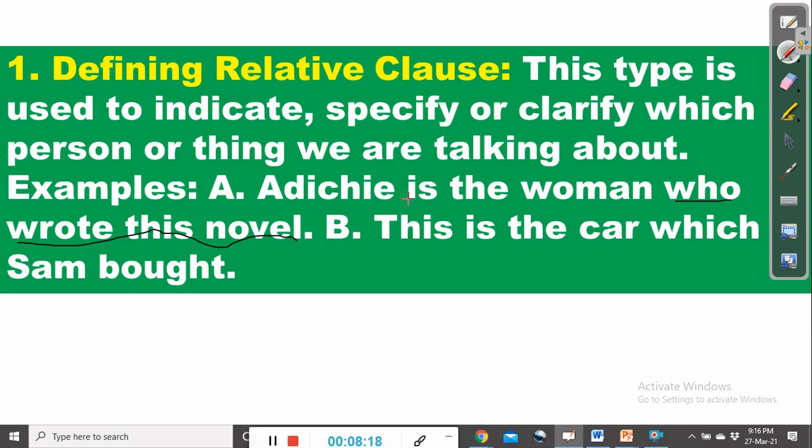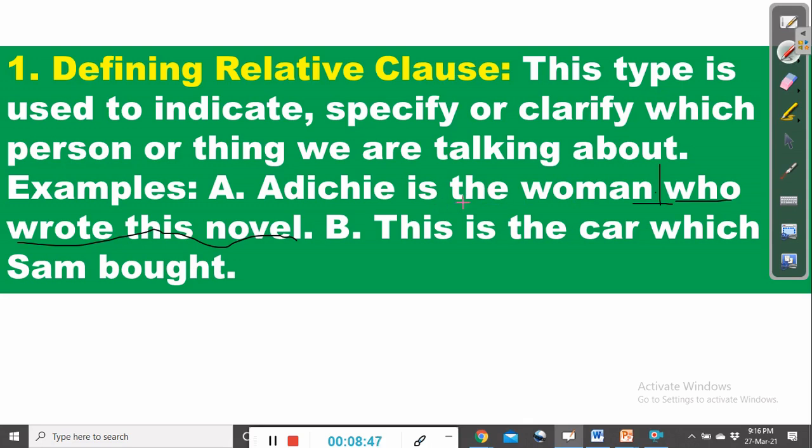Now, let's use the grammatical principle known as the border principle. The woman and the relative pronoun that introduces this relative clause share a common border. So this is the boundary between them. When we come to this boundary, that's what we call the border principle. Now let's put a full stop.